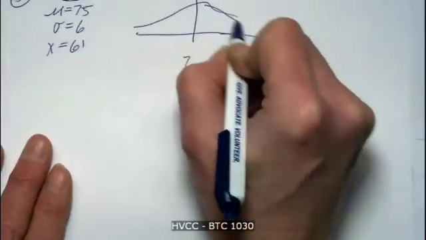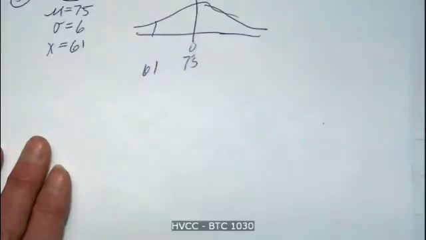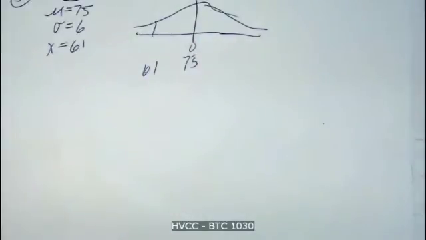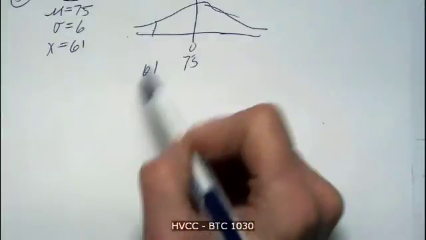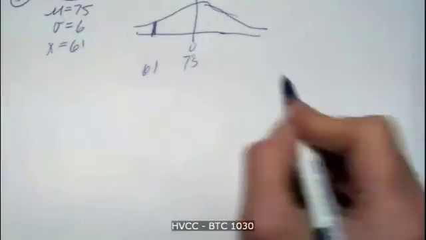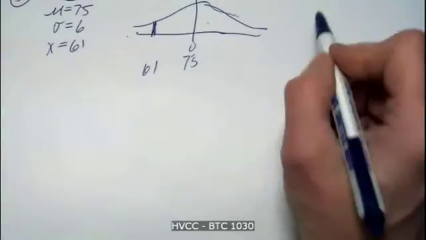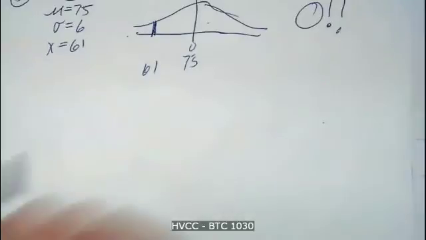Here's 61. Think about this. I didn't say below 61. I didn't say above 61. I said exactly. What's the area of a line? 0. You can't do exact numbers.